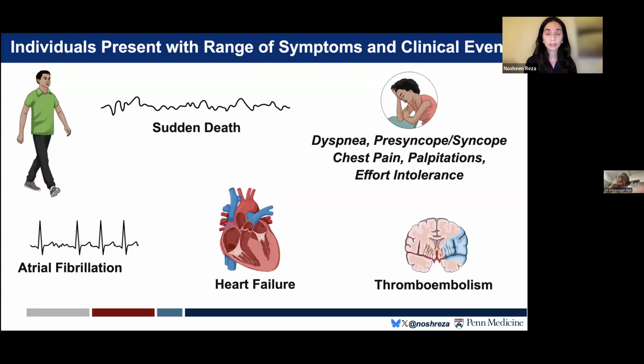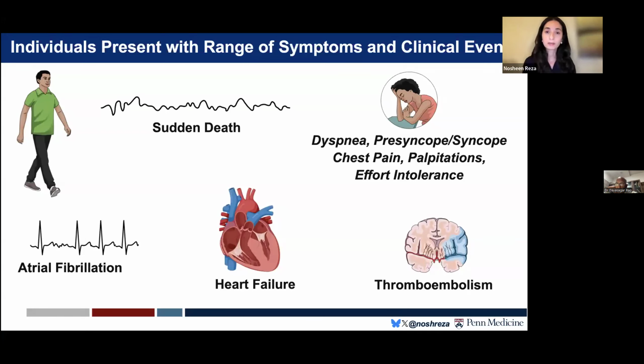Historically, the most feared complication of hypertrophic cardiomyopathy was sudden death. Thankfully, due to contemporary advances in sudden cardiac death risk prevention and risk assessment, the risk of sudden cardiac death in this patient group is lower than the actual sudden cardiac death rate of the general population. However, other clinical manifestations and other complications can still occur.